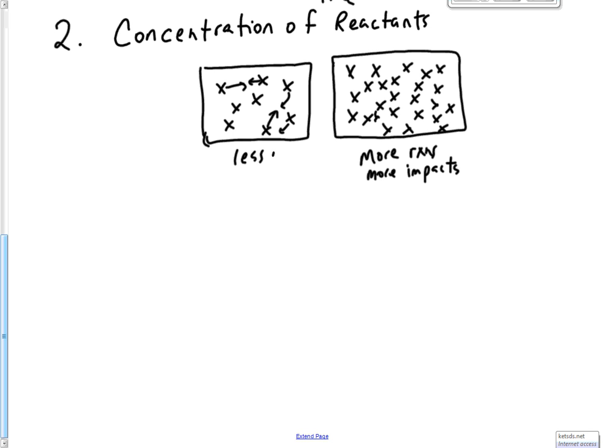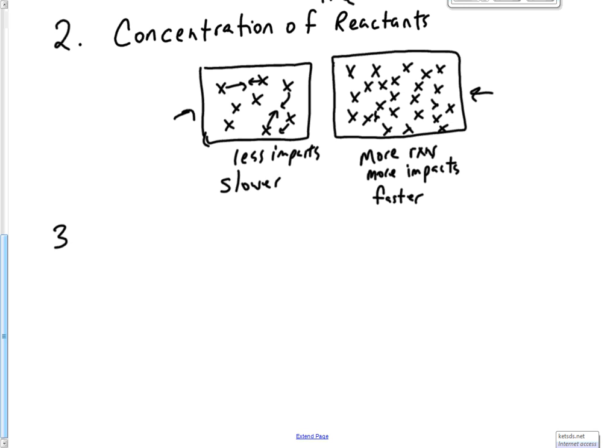So we have less impacts here. And it's a sheer numbers game. You have way more over here than you do over here, so the odds of you running into somebody are much higher on the right than they are on the left. Okay, so if you increase the concentration of the reactants, the reaction is going to speed up. So this is slower and this is faster.